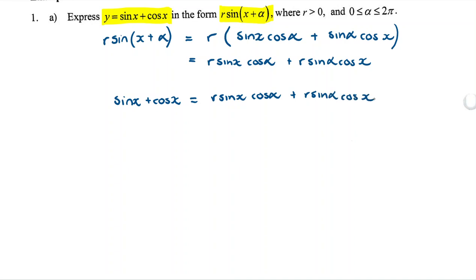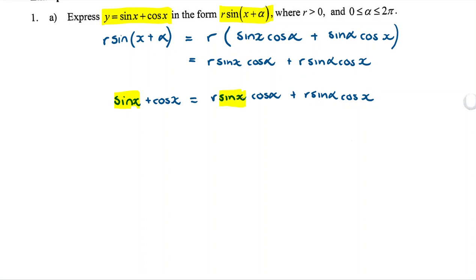Okay, what we're going to do is we're going to equate the coefficients of the ones with the same pronumeral in them. So for example, sine x. There's my sine x, and over here is my sine x.